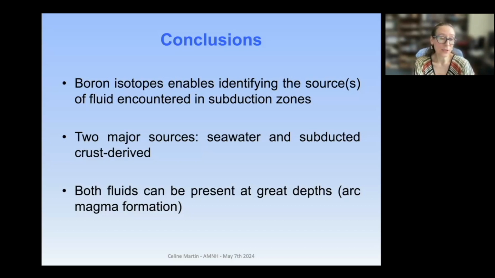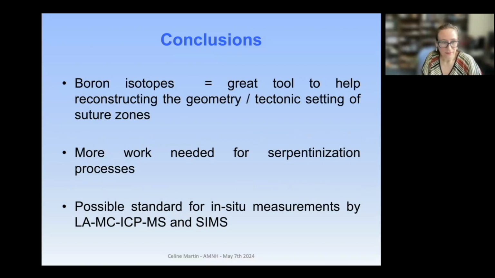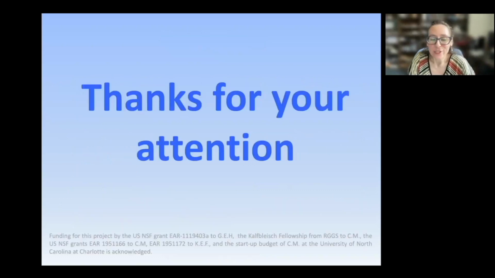What is interesting is that both fluids can be present at great depth, the subducted crust because that is where the fluid release happens. And at really great depth, you have the dehydration of the slab serpentinites, which can release a very different kind of fluid. That likely has an impact on arc magma formation. Okay, thank you very much for your attention.